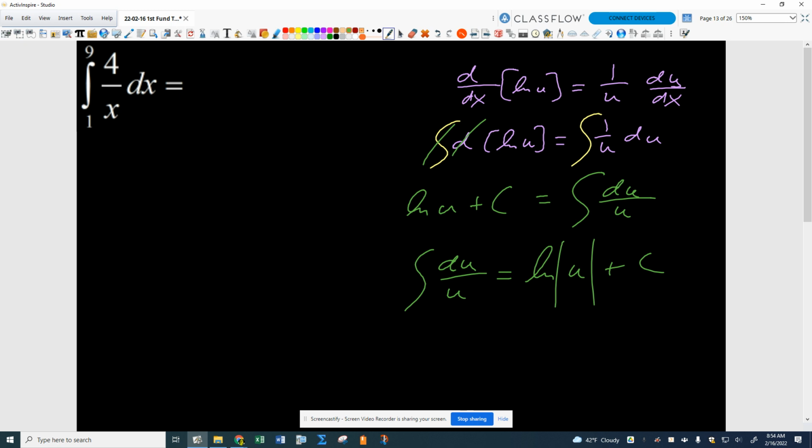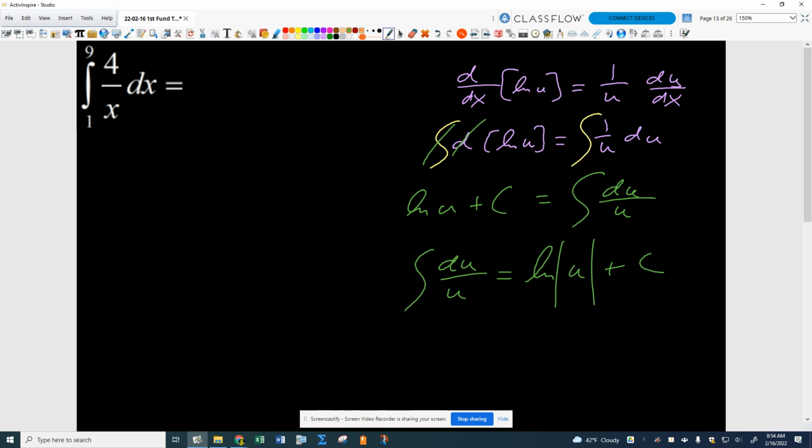because we might have a situation where, like if we had limits of integration, let's say, where u could be negative, or in this case x could be negative, right? Like we could have done this from -9 to -1, and that's a function that's defined for negative numbers, right?